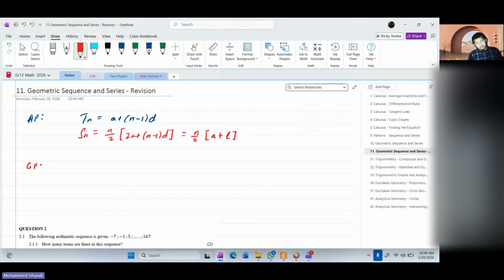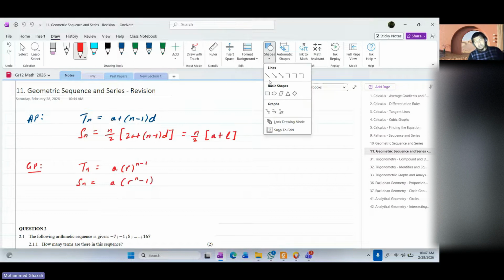And in a geometric progression, we have Tn, which is equal to a r to the power n minus 1. The sum to n terms is a r to the power n minus 1 over r minus 1.